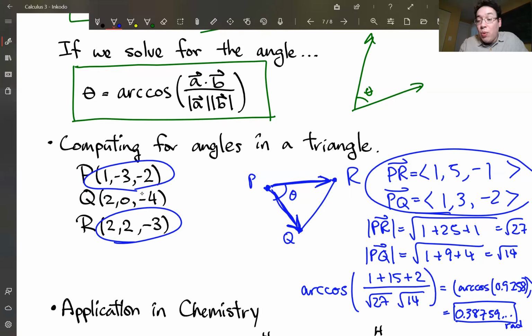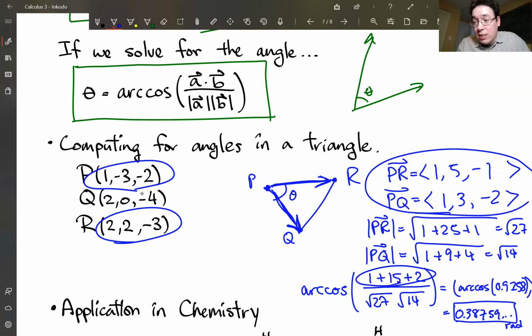So one thing that's good to know is that when you compute the inside, the numerator determines the sign of this expression. So if the dot product is positive, what you'll get is an acute angle, an angle less than pi over 2 radians or 90 degrees.